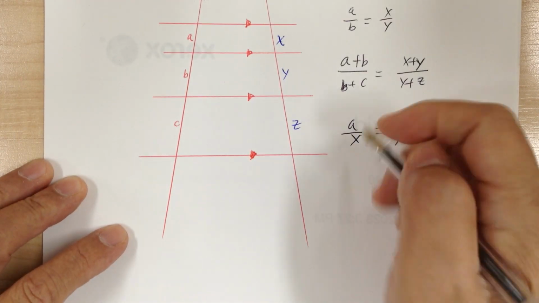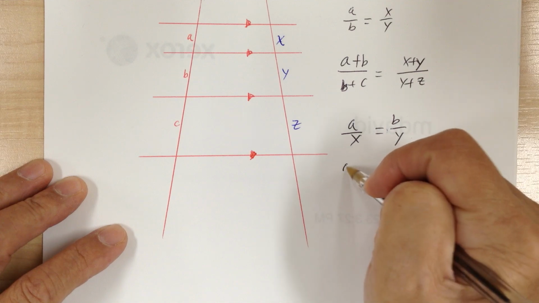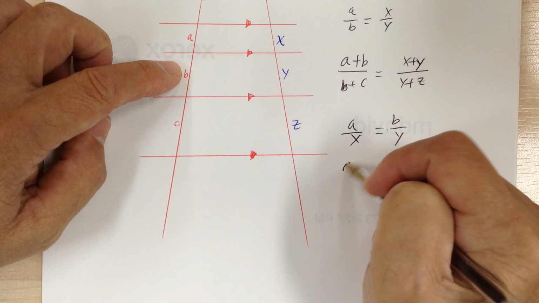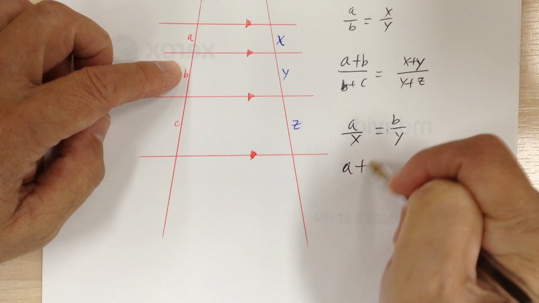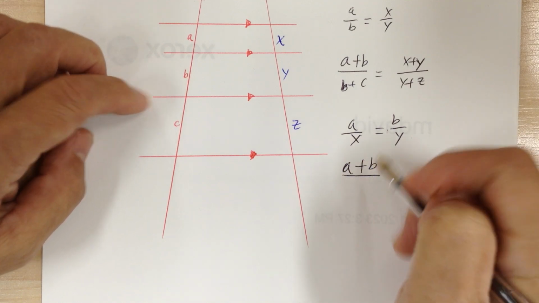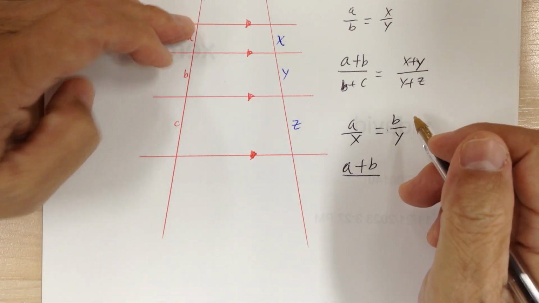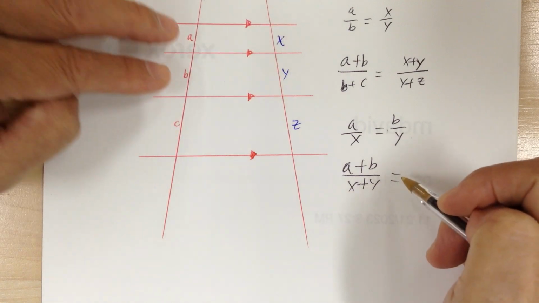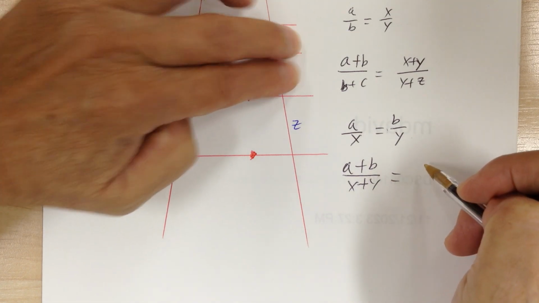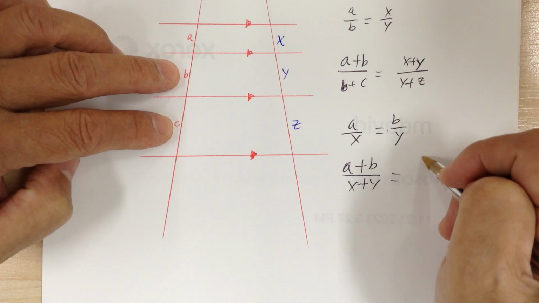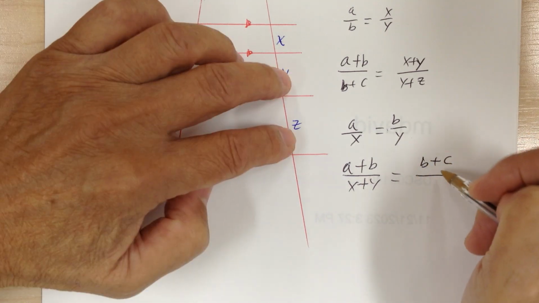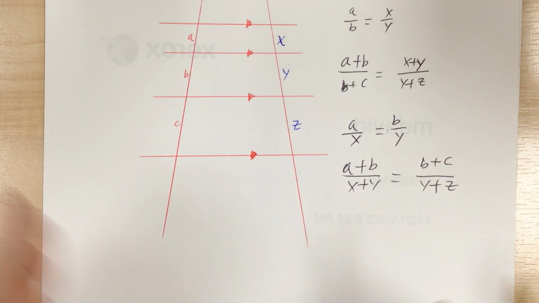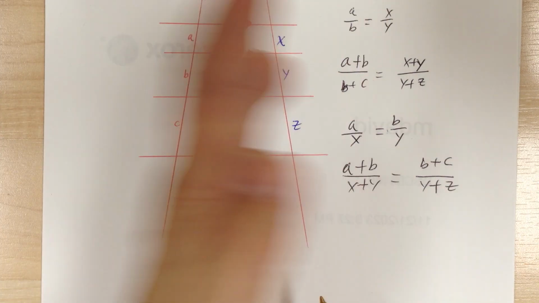Same thing: for example, you can have A plus B over X plus Y. If you have these two over these two, this will equal B plus C over Y plus Z. So you can write your equation any way you want as long as you match up equally.